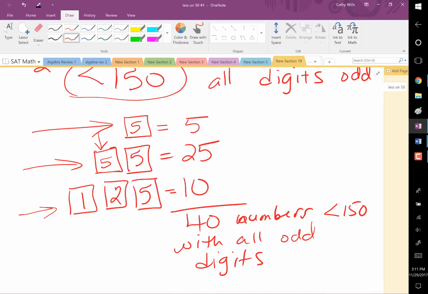Second digit, the tens digit, is going to be either a 1 or a 3. Those are odd. And then the final digit could be any of the odds. When you count the possibilities, you multiply 1 times 2 times 5, which is 10. So if we added up all the 1-digit numbers, all the 2-digit numbers, and all the 3-digit numbers less than 150, with all their digits odd, that adds up to 40.